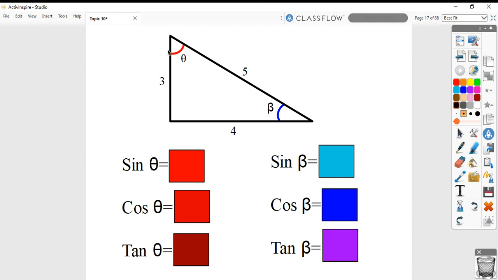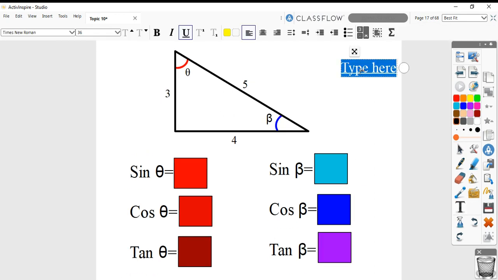When we talk about sine, some old hippie, opposite over hypotenuse, the opposite side that's not touching theta is 4. So opposite over hypotenuse would be 4 over 5.